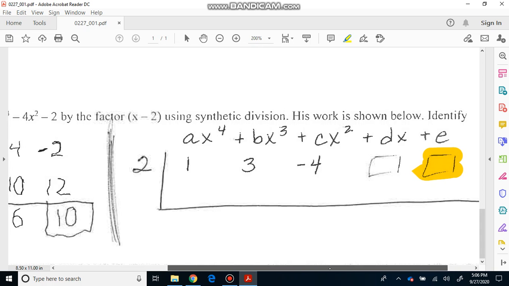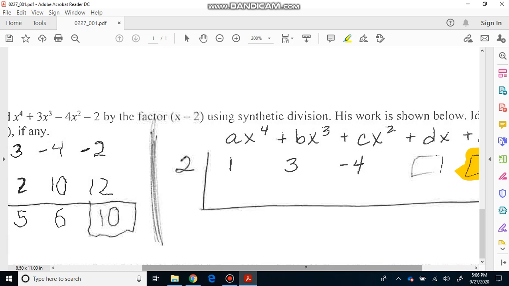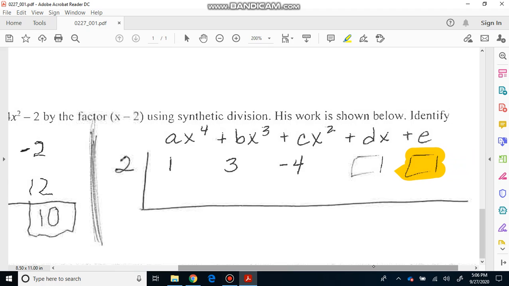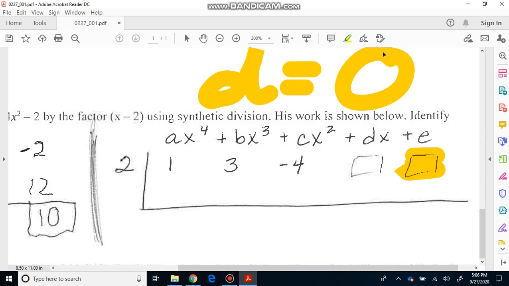But look, there is no x term. It's missing. It's gone. So what does that tell us? Well, that tells us that d is equal to 0. So right here, I need to fill in a 0. So he should have started with 1, 3, -4, 0, -2.